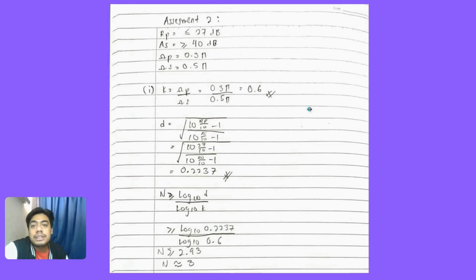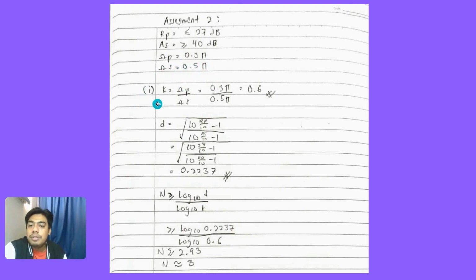For the first question, we are given RP less than 27 dB, AS equal to or more than 40 dB, omega P equal to 0.3 pi, and omega S equal to 0.5 pi.